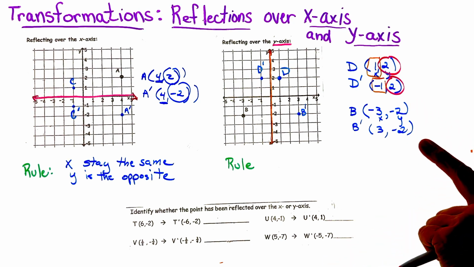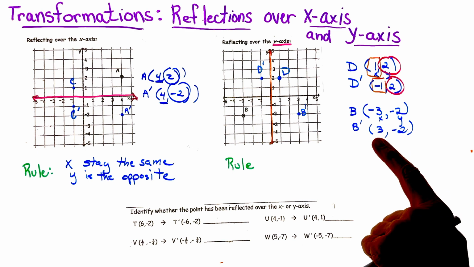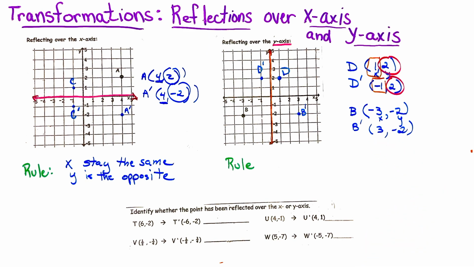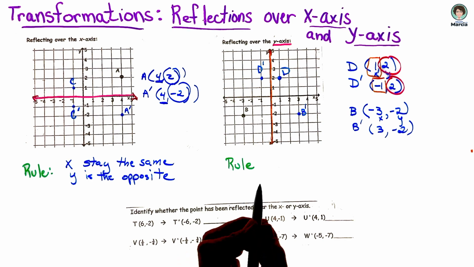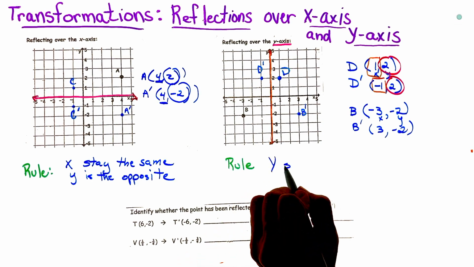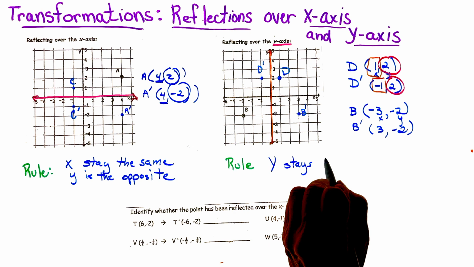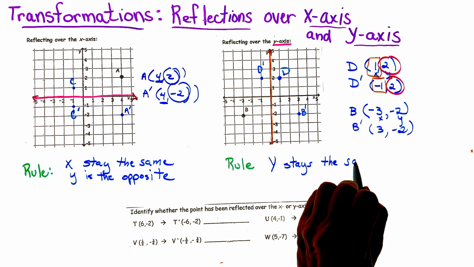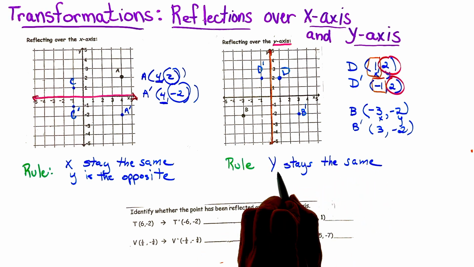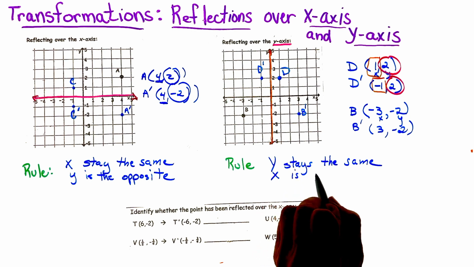Our y's are the same, and our x's are opposites. So the rule we're going to remember for reflection over the y-axis is that the y stays the same, but the x is the opposite.